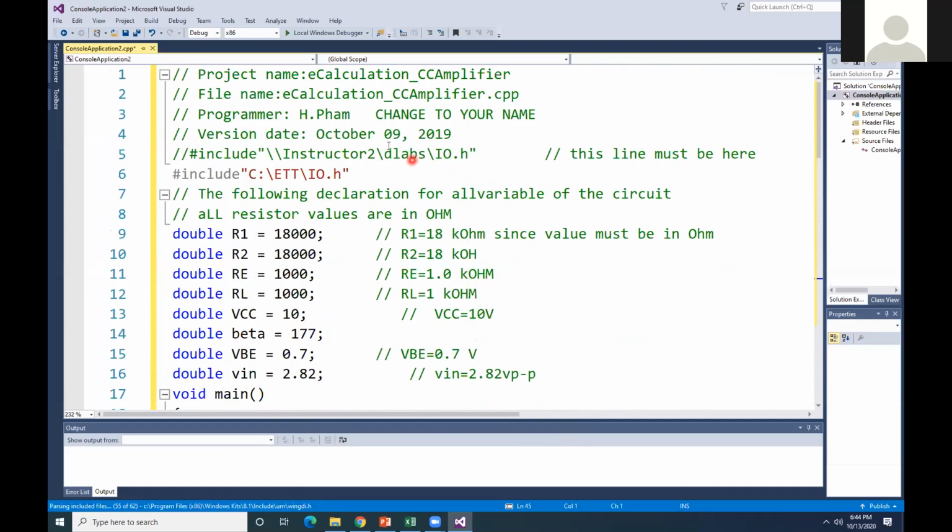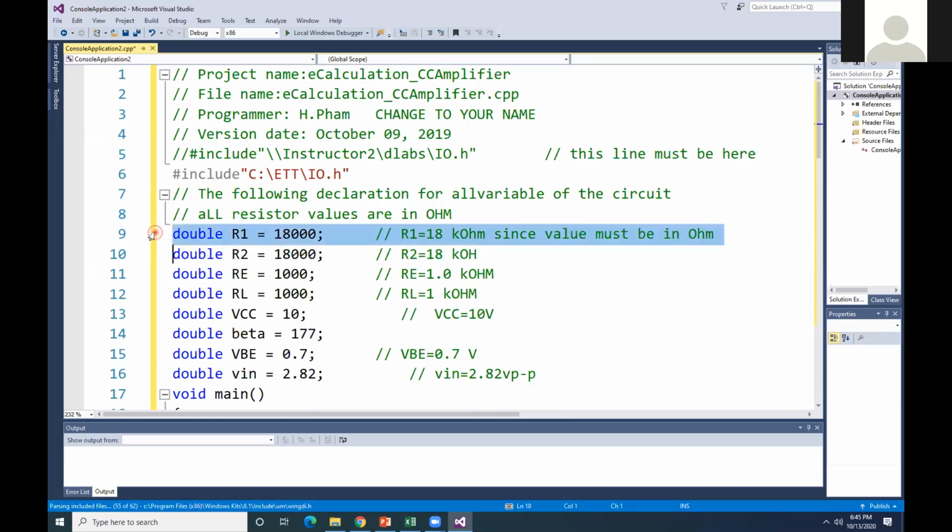Now, first thing, the project name here, you change to what they wanted, the calculation CC MD5, the same thing. Programmer, your name. The version, the date, what day you do it. And this one, nothing to change. That's what you need to do.